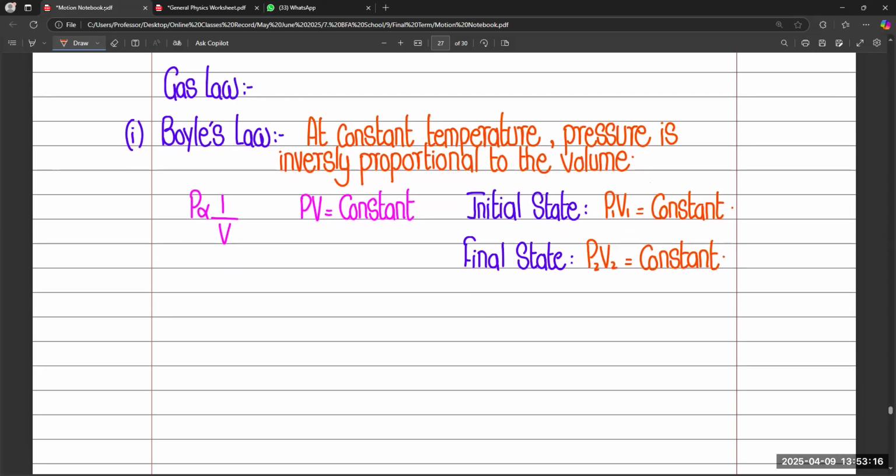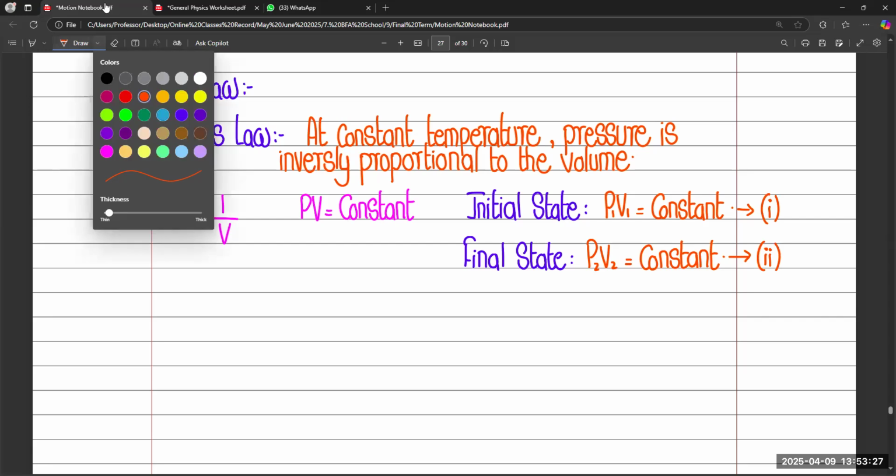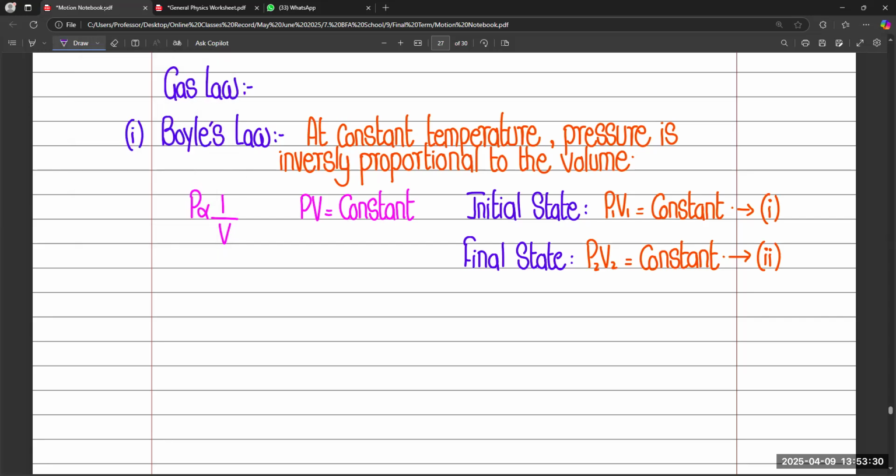So if we compare these two equations, equation number 1 and equation number 2, after comparing them, P1 V1 is equal to P2 V2.